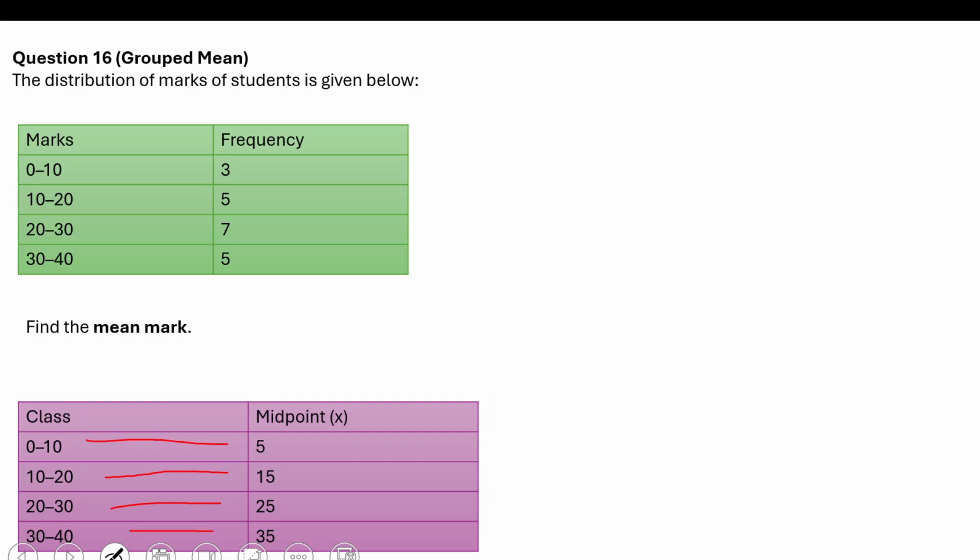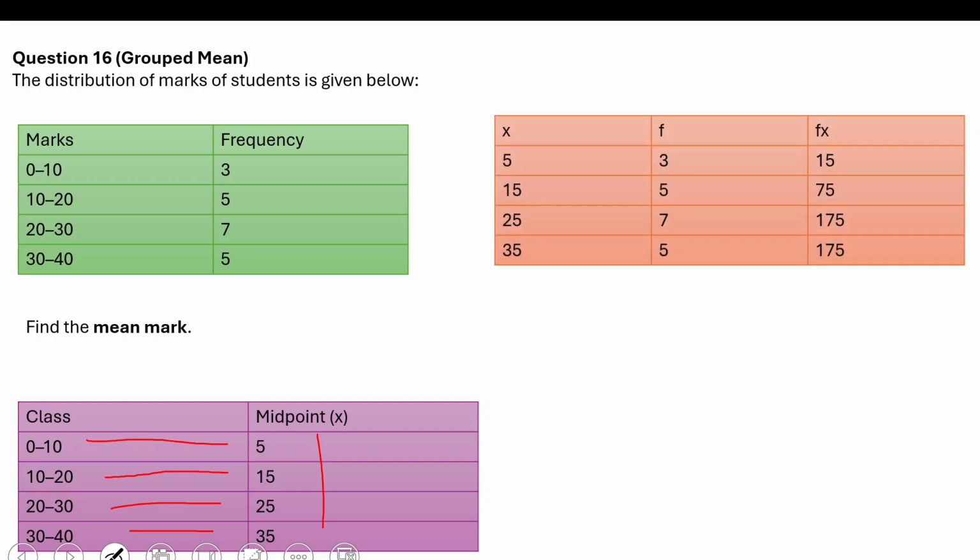So once we have represented every class with its midpoint, go to the table again and represent each of the classes with their midpoint. The frequency is by the side, and when you multiply 5 by 3, I get 15. 15 times 5, I get 75. 5 times 7, I get 175. 5 times 5, I get 175.